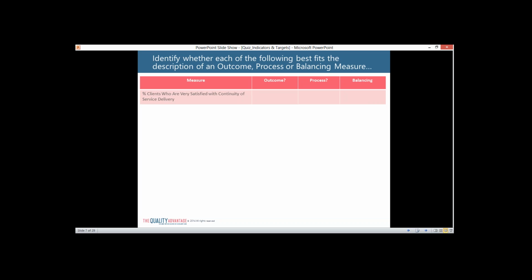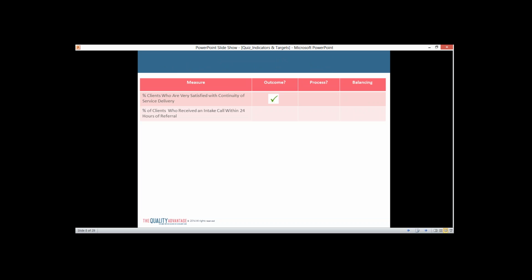Do you think this is an outcome, a process, or a balancing measure? So if you selected an outcome measure, you were right. The reason is that generally any indicator measuring client experience, you may recall, is an outcome measure.